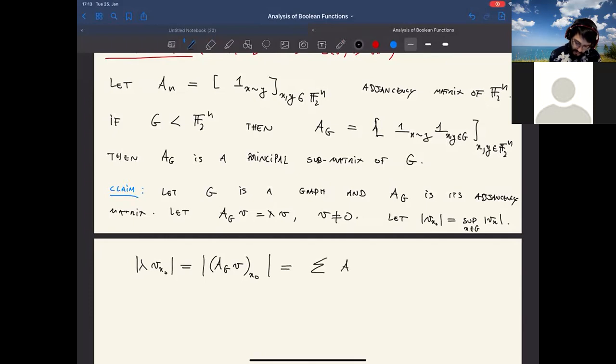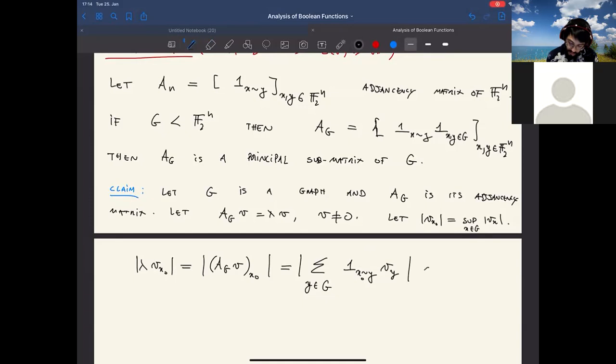That is the summation over Y, where X naught is a neighbor of Y, of V_y, and I'm summing over all the Y's in G. That's it.